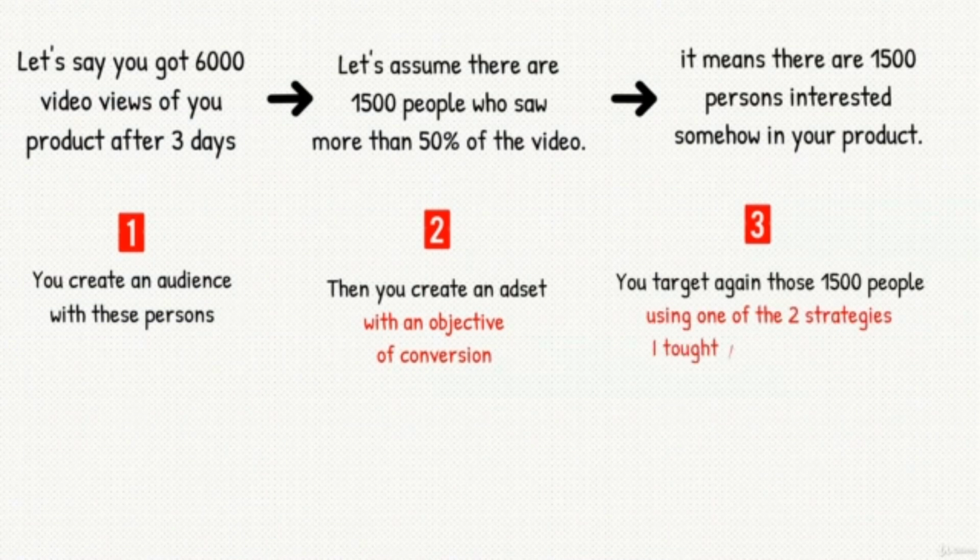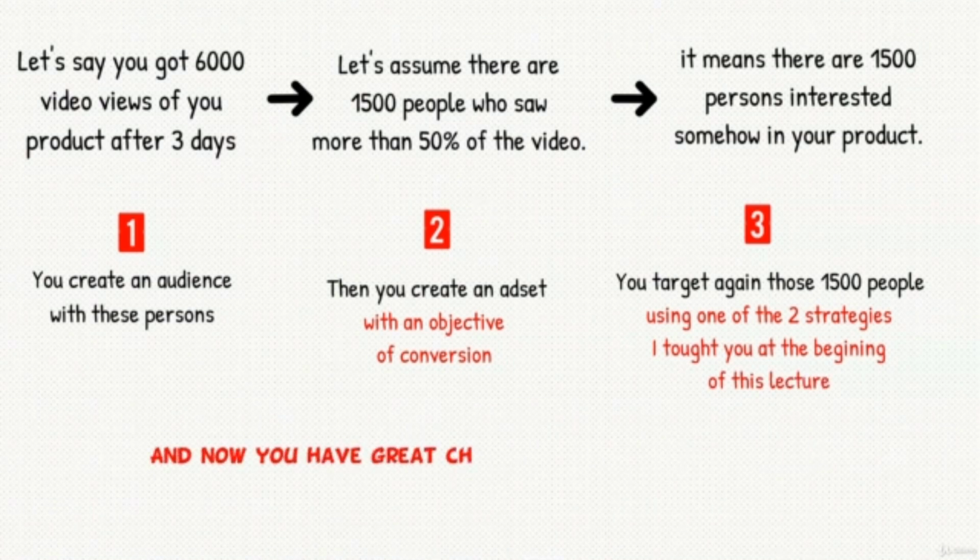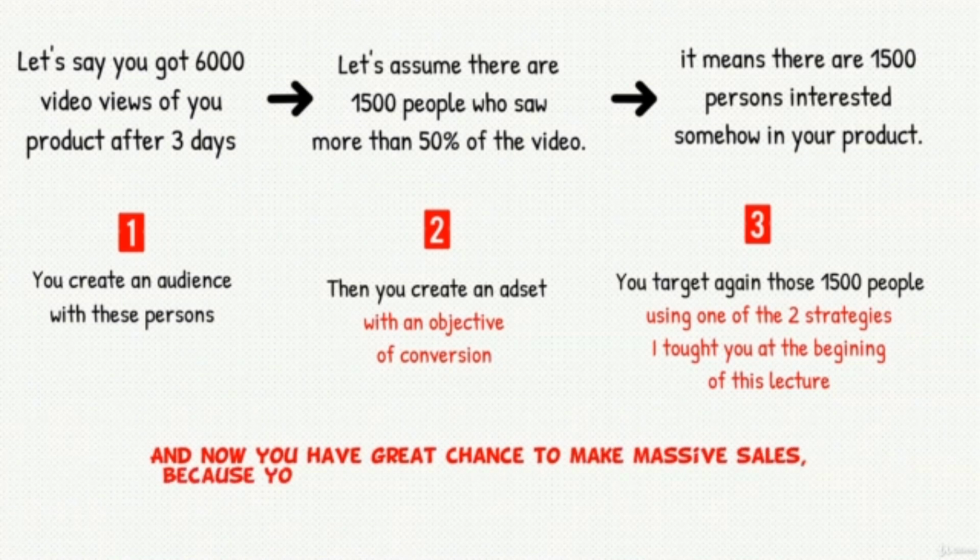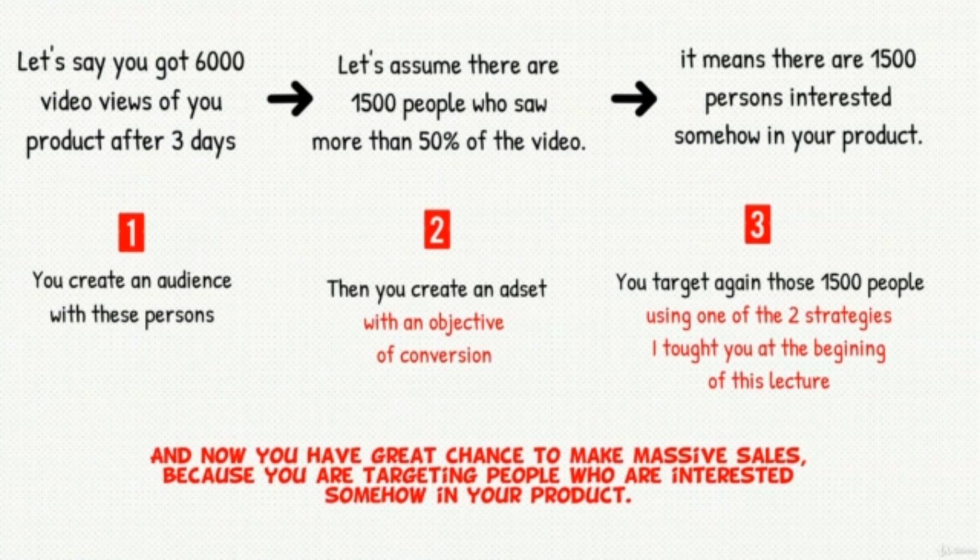And you target again those 1,500 people using one of the two strategies I taught you at the beginning of this lecture. And now you have a great chance to make massive sales because you are targeting people who are interested somehow in your product. If you are a beginner with a low budget, this strategy could be very good.